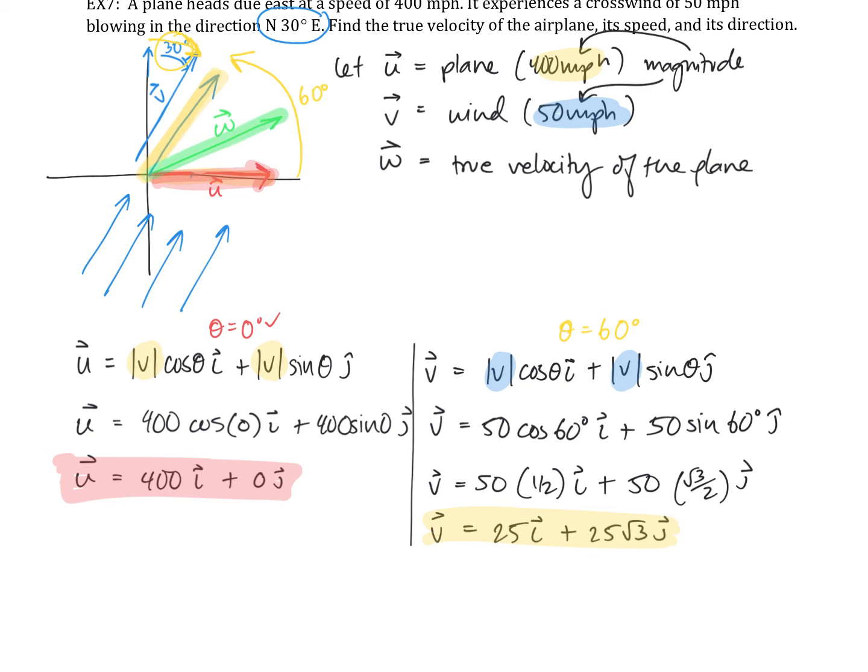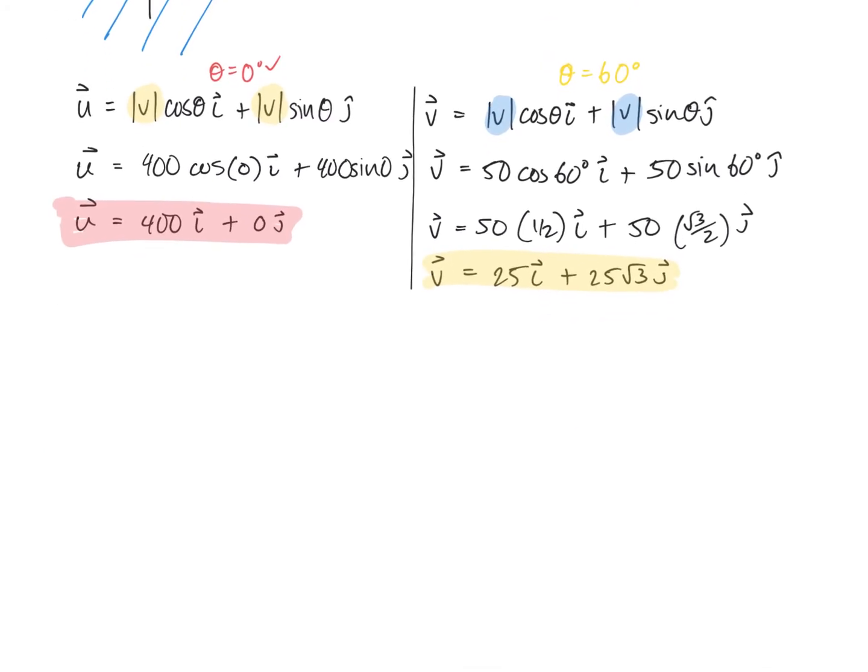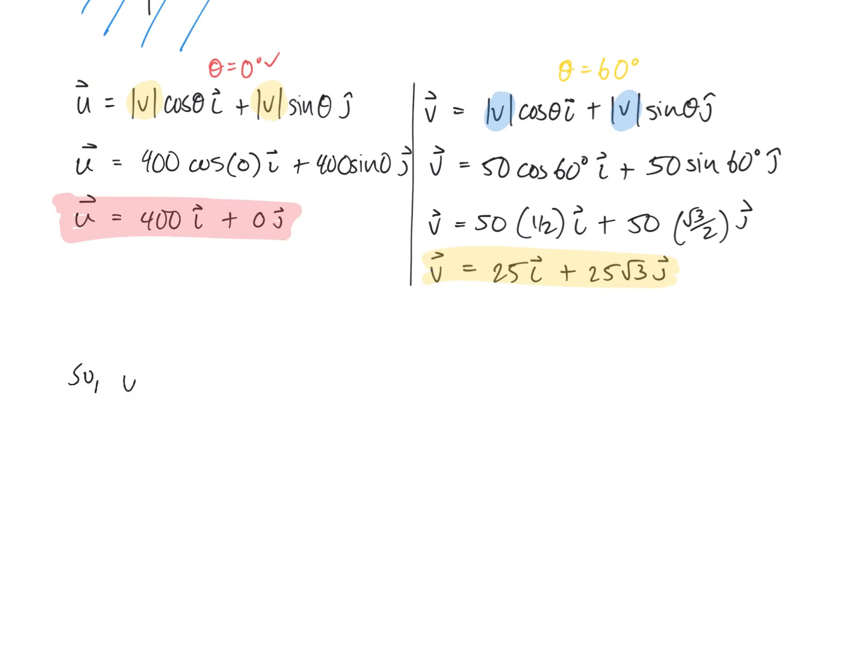So w is the addition of those two vectors. Go ahead and write that down. So w is going to equal u hat plus v hat. And that's going to end up equaling our 400i plus 0j plus the 25i plus the 25 root 3j.